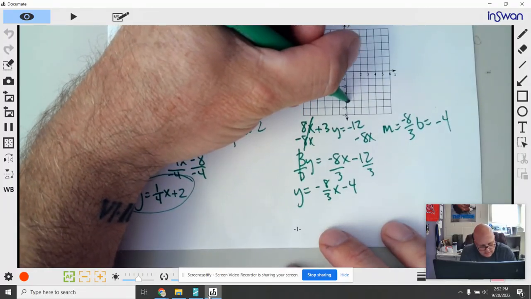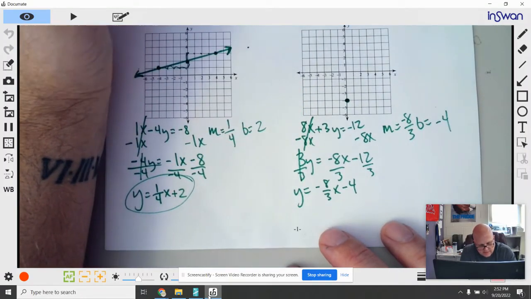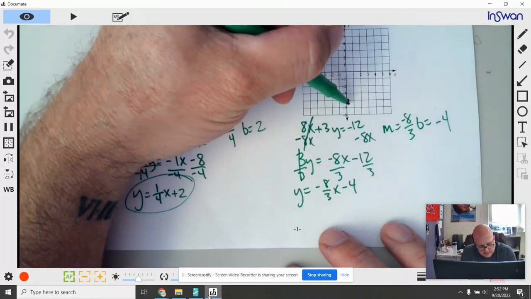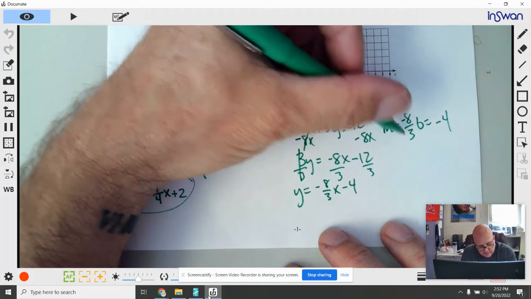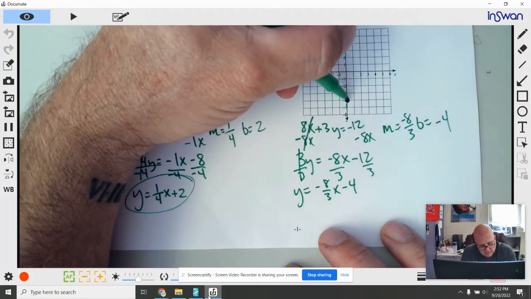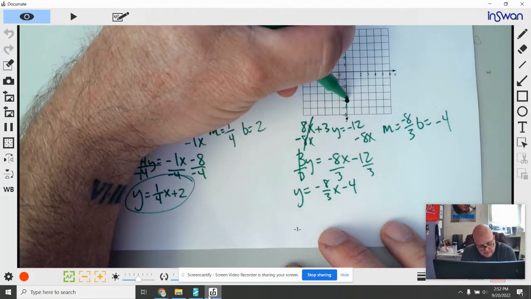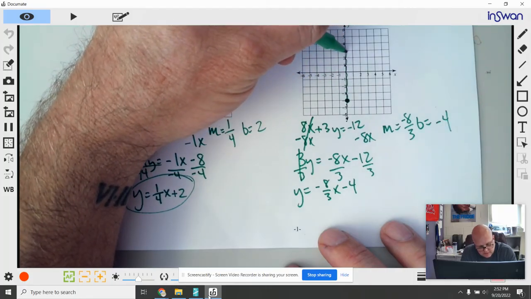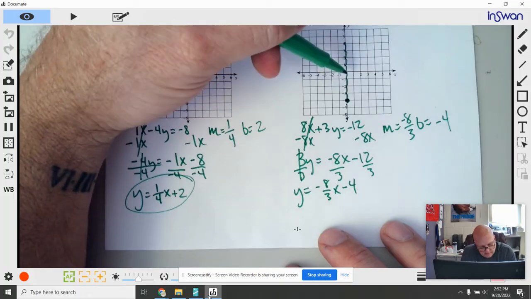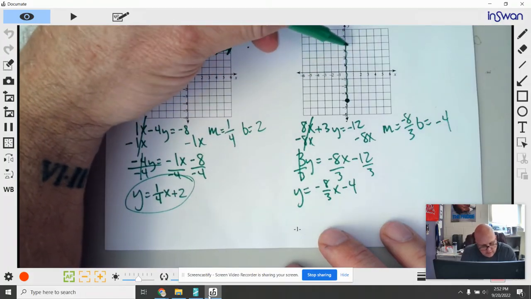So start off, put your point on negative 4 on the y-axis. Now, again, I cannot put this on the graph if I go down, because of the negative, I'd go down. So instead, I'm going to reverse course. I'm going to go up 8. So up 1, 2, 3, 4, 5, 6, 7, 8. And I would have ran to the right, but I got to go in the reverse.